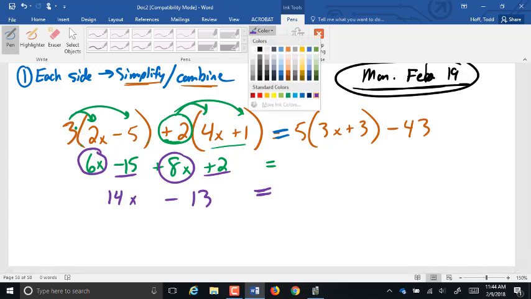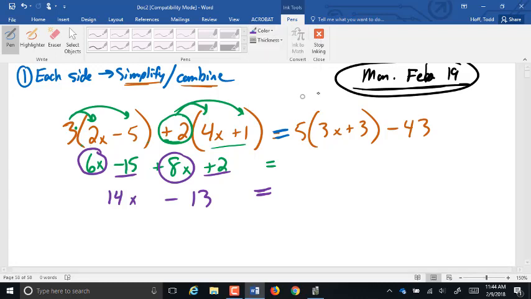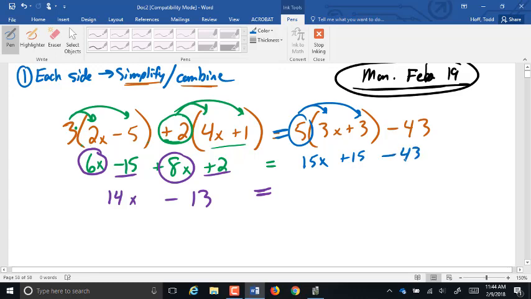Now we'll go to the right side and try to combine whatever we can over there. We see the parentheses again, and there's nothing to do in there, so we're going to multiply by the 5. 5 times 3x is 15x, and 5 times 3 is 15. Then we've got a minus 43 over there.